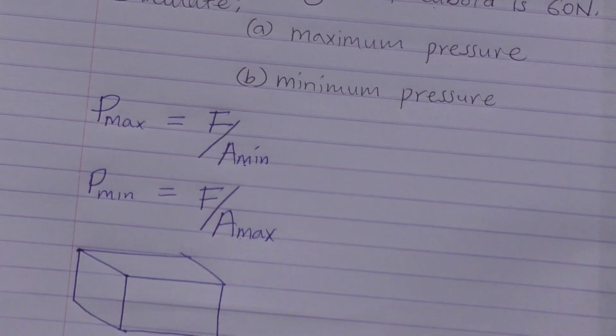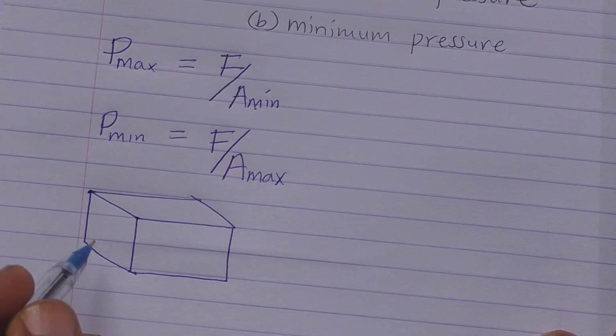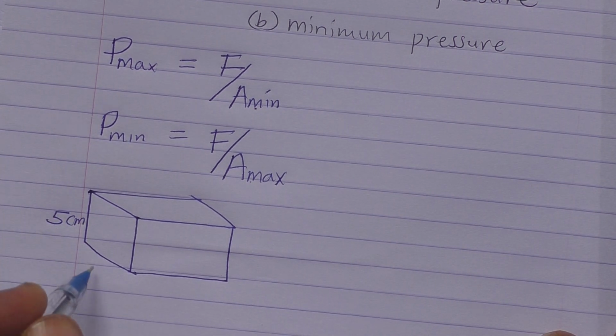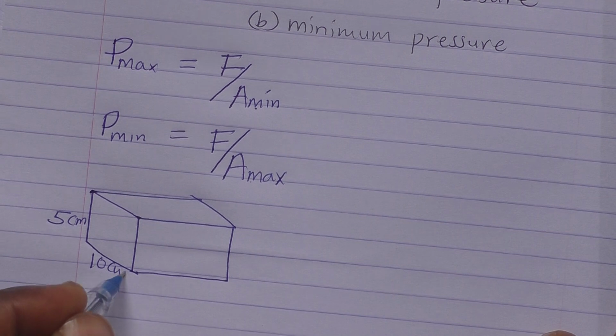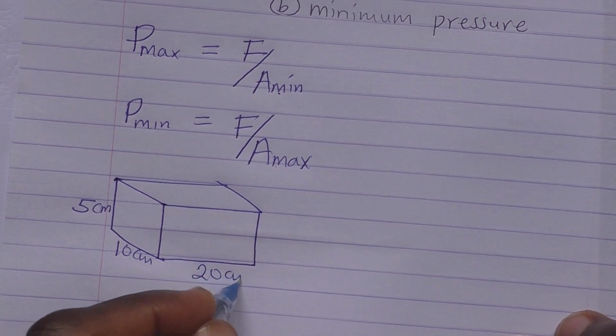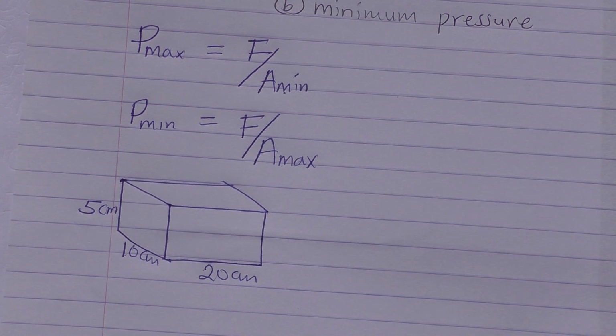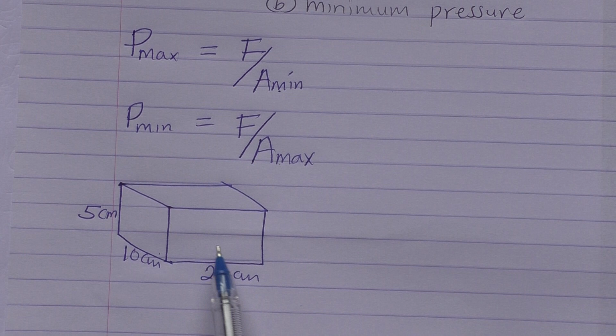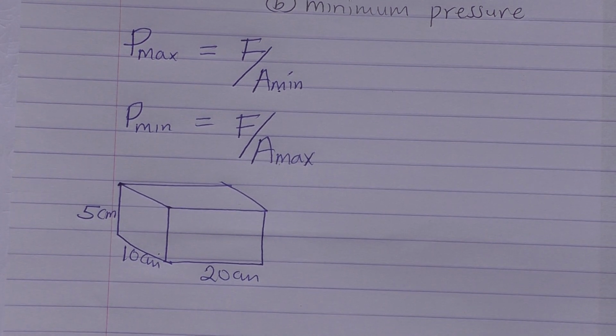That is our cuboid, and then assuming this is the 5 centimeters, this is the 10 centimeters, and this is the 20 centimeters, meaning various faces of this cuboid can be put in contact with the floor.